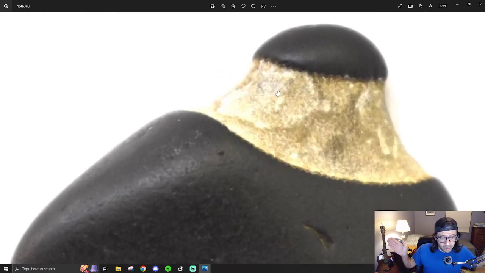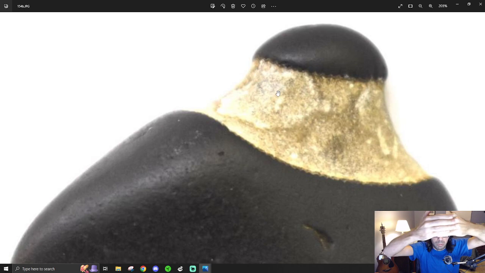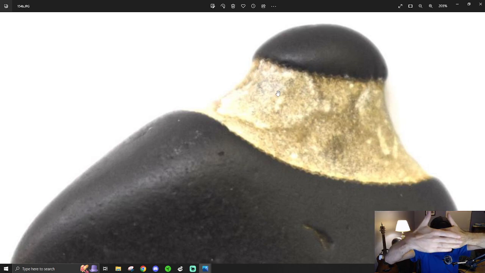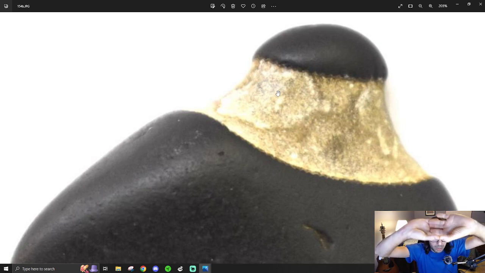It physically wraps around the stone from a point.